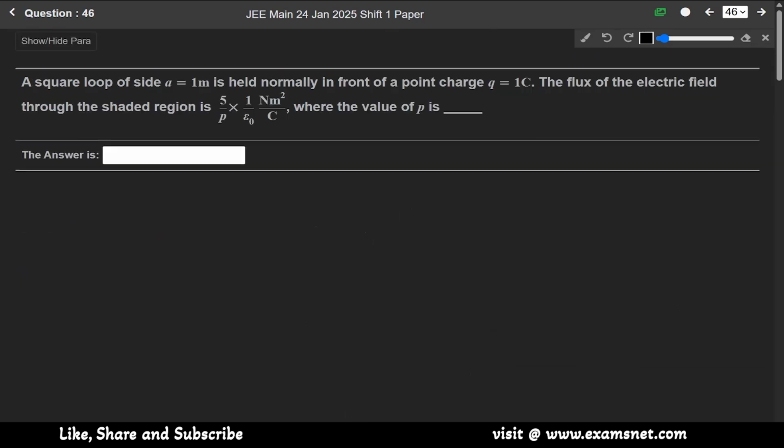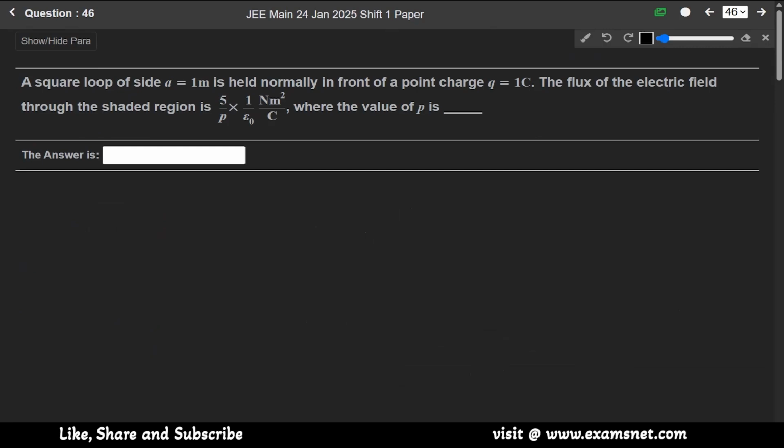Now next question. A square loop of side A equals 1 meter is held normally in front of a point charge Q equals 1 coulomb. The flux of the electric field of the shaded region is 5 by P into 1 over epsilon naught newton meter square over coulomb.